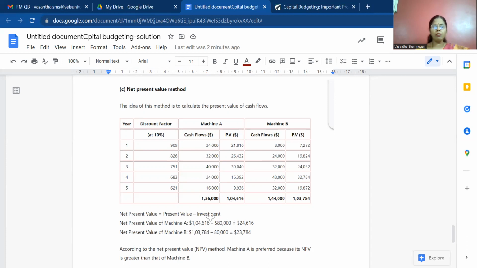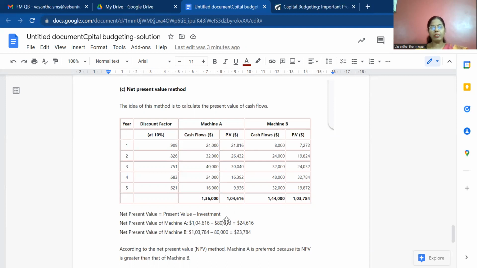So what is your cash outflow? For machine A, your cash outflow is 80,000, but the present value of cash inflow is 1,04,616. The acceptance criterion for net present value is that the present value of cash inflow should be more than the present value of cash outflow.